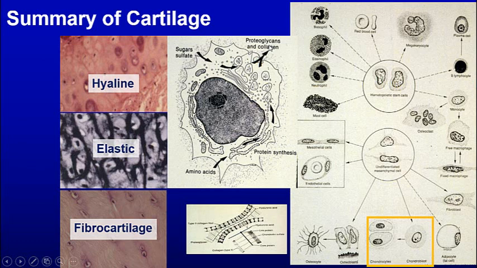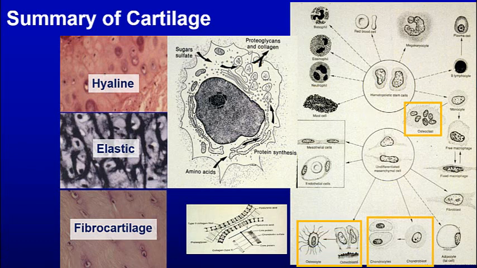And these five cells, the osteoclast, osteocyte, osteoblast, chondroblast, and chondrocyte, all come from undifferentiated stem cells in the bone marrow.